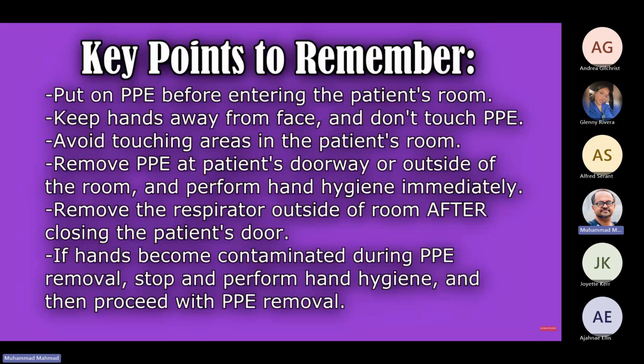And if a respirator is worn, you'll want to take the mask off outside the patient's room after closing the patient's door. And if at any time when you're removing your PPE your hands become contaminated, you will want to perform hand hygiene before removing the other pieces of PPE.